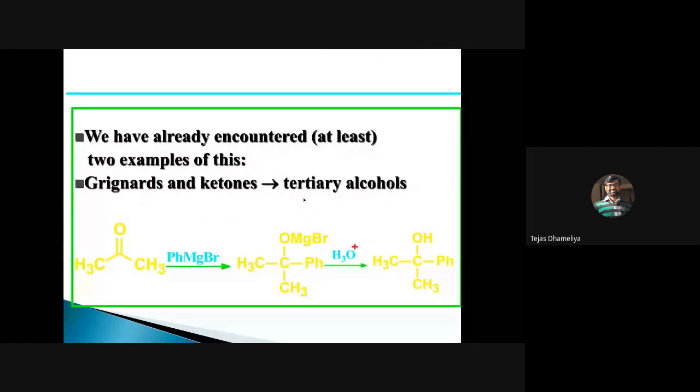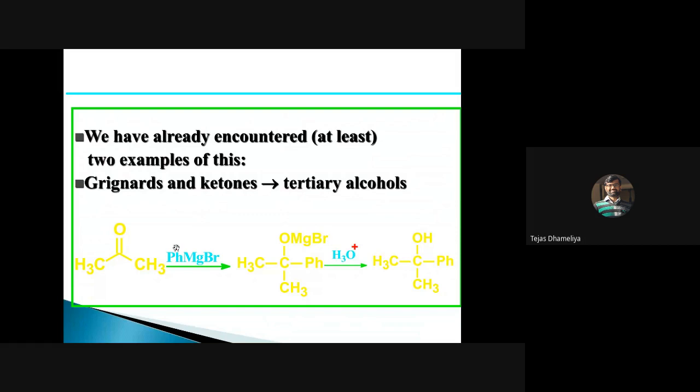This is the reaction. Grignard reaction is one of the reactions which is useful, a nucleophilic addition reaction. Acetone is reacting with phenyl magnesium bromide. What will happen? The phenyl is having negative charge.